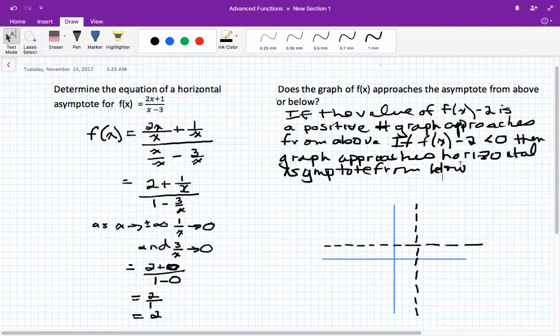So in this case here, we're going to work on this expression right here, f at x.